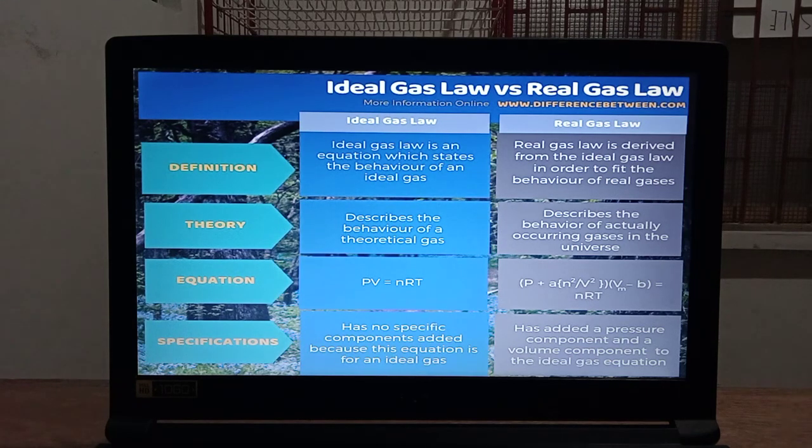The ideal gas is PV equals nRT, and the real gas is P plus a n squared divided by V squared, times Vm minus b, equals nRT. For specifications, the ideal gas law has no specific components added because this equation is for an ideal gas, while the real gas law has added a pressure component and a volume component to the ideal gas equation.